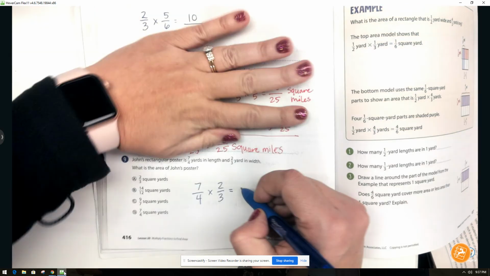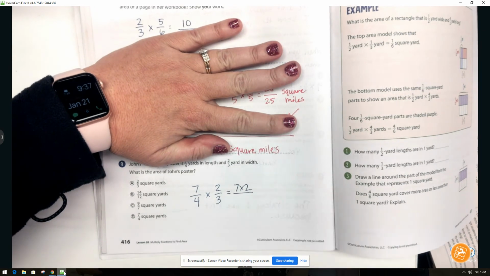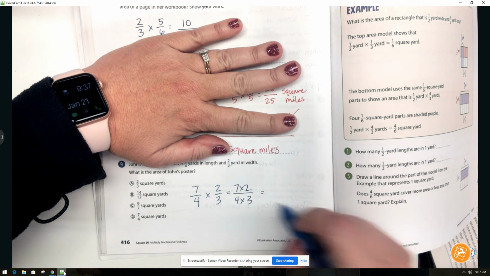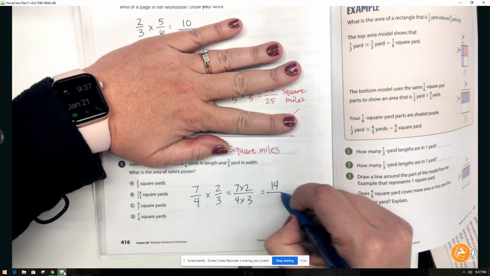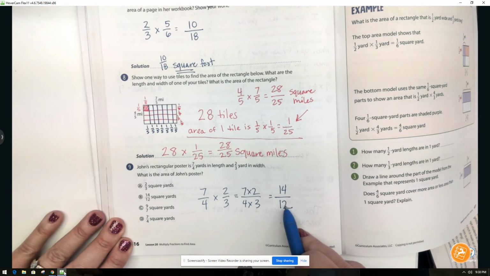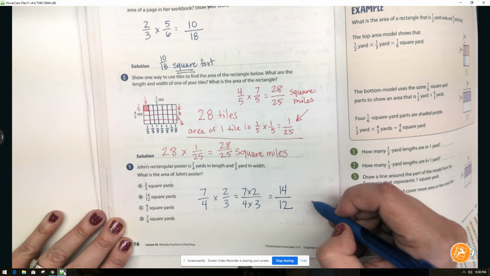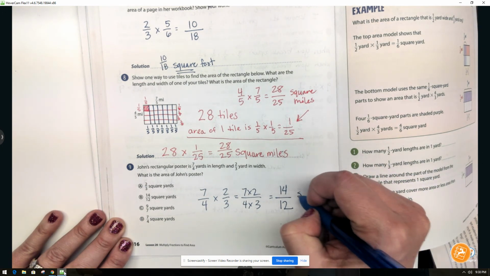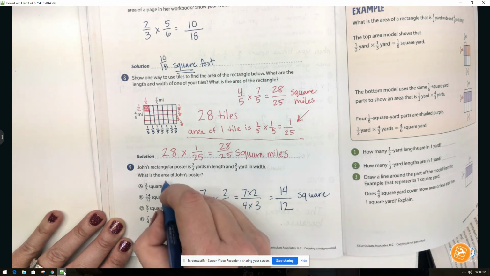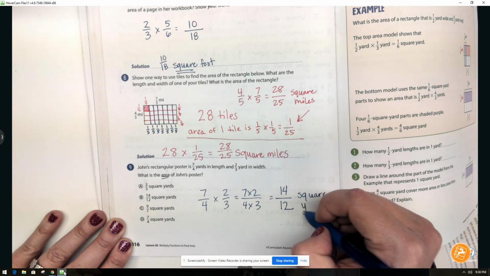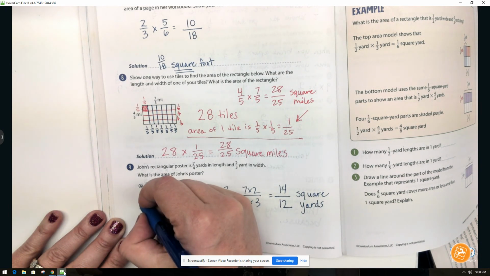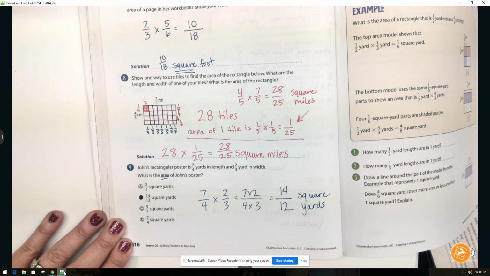Well, 7 times 2 is our numerator. 4 times 3 is our denominator. 7 times 2 is 14. 4 times 3 is 12. And we know that it is square because we're talking about area. Area, square, yards. And we come over here and we find that B is our answer.